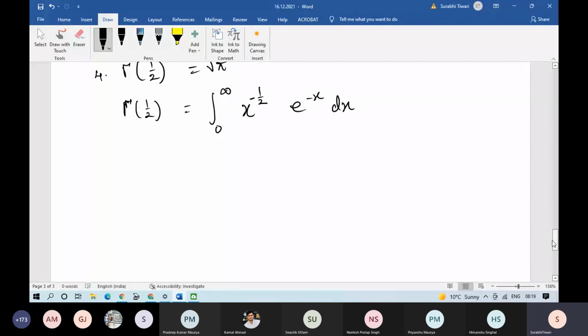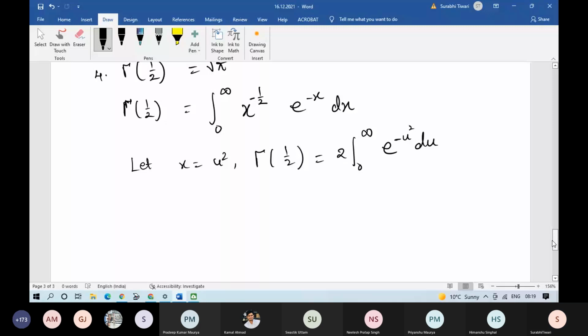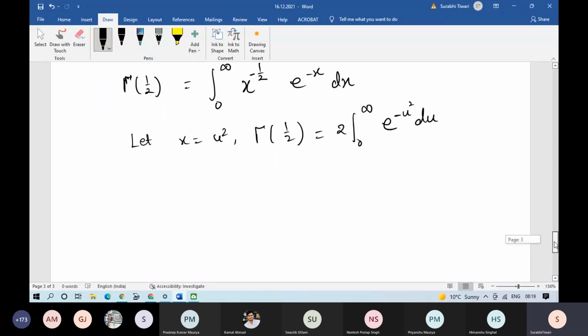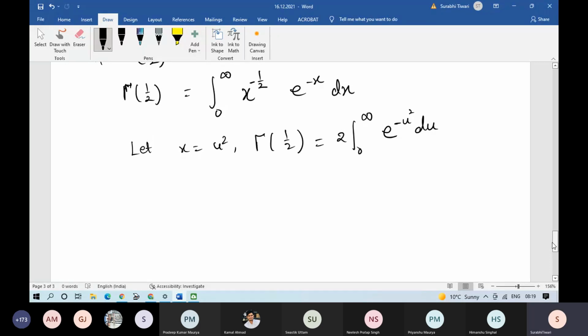Now do some substitution. Let x is equal to u square. So gamma half will be 2 times integral 0 to infinity e raised to the power of minus u square du. ये हो जाएगा, ये u आएगा, ये 2u du आएगा, तो हो जाएगा। नाउ व्हाट इज द वैल्यू ऑफ गामा हाफ होल स्क्वायर?